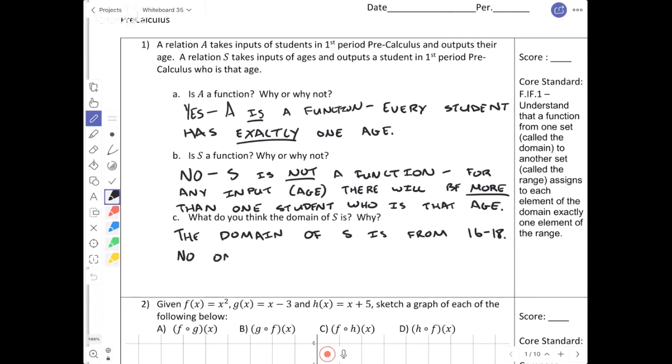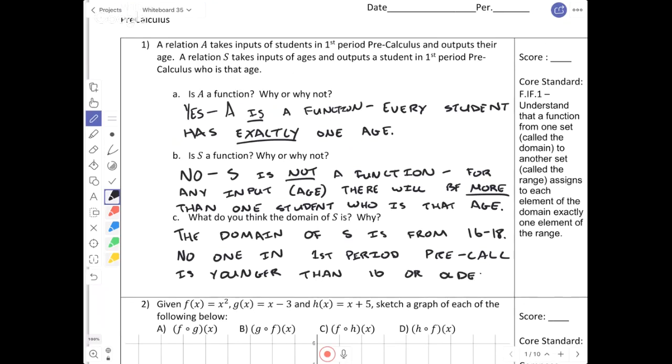No one in first period PreCalc is younger than 16 or older than 18.